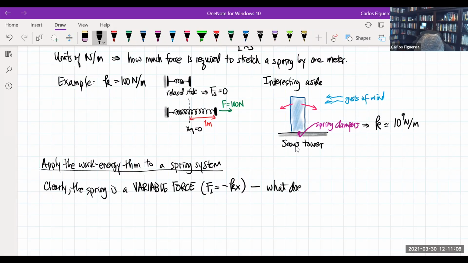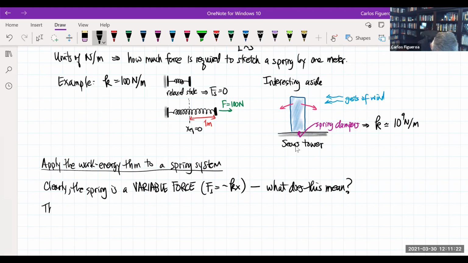What does this mean? Well, what this means here is that all those wonderful kinematic equations that we used before, we can't use them anymore.